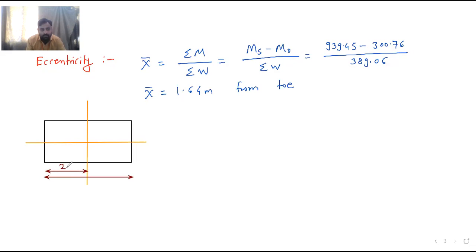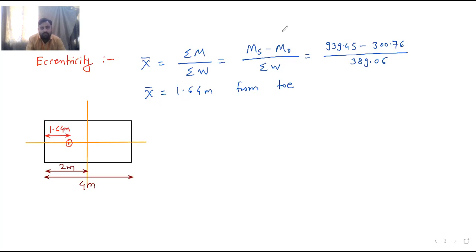So here I will write this is 2 meter. This total is 4 meter. So now this is the toe end from the left hand side, and from that we have got the eccentricity somewhere here. This point we have got now, and this distance we have calculated. This is our x bar, and this is 1.64 meter.